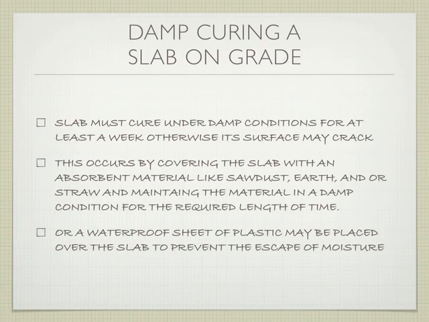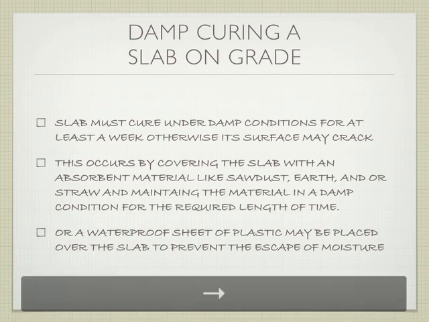So we want to make sure that we keep the slab wet, and we can do a couple of different things. We can cover it with an absorbent material like sawdust or dirt, something like that. Straw, and then keep sprinkling that straw with water so that it stays wet, which obviously keeps the surface of the concrete wet. Or we can cover it with a waterproof plastic, which basically doesn't allow the water to evaporate, which keeps the water in.